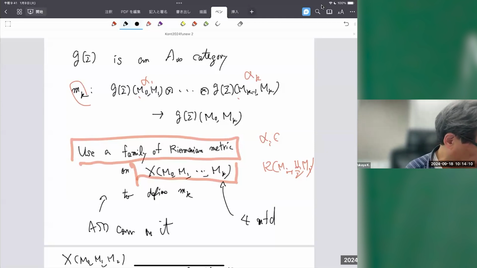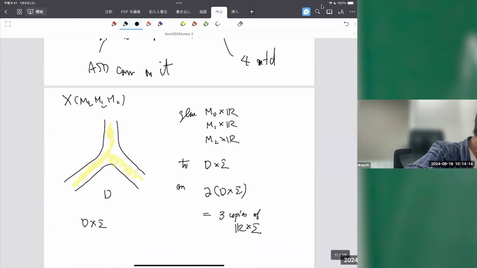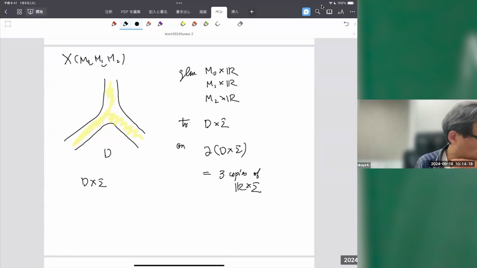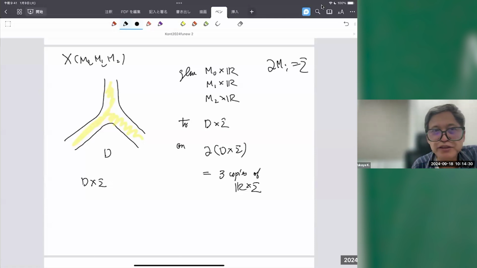So I will explain what this four manifold is. Let me consider the most interesting case first. The boundary of Mi is sigma, so you have three manifolds which bound sigma. I want to cook up this four manifold, X of M0, M1, M2.